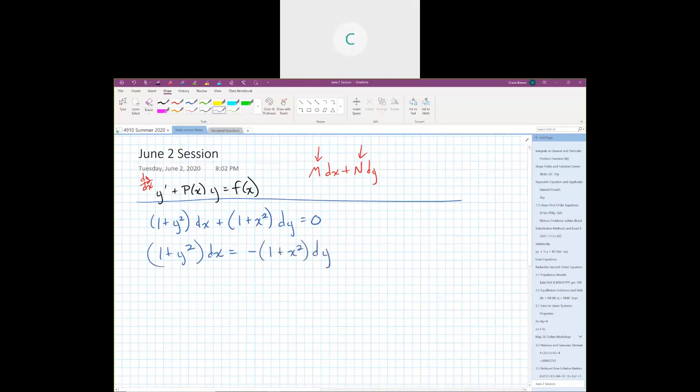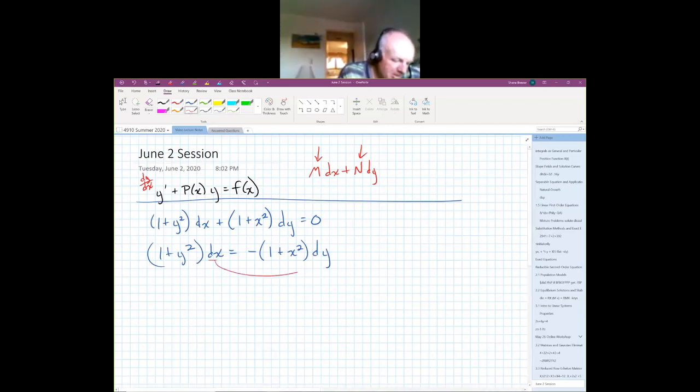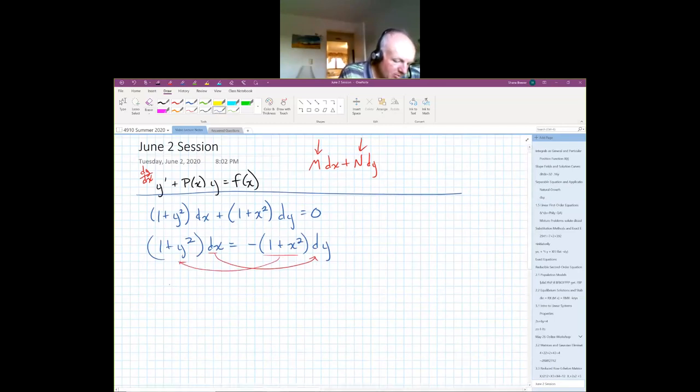And so this one comes to us, if I move this guy over underneath and this guy underneath, then all of a sudden it looks like this: 1 plus y squared over, we'll throw the negative, 1 plus x squared equals dy dx. Okay, so there it is.